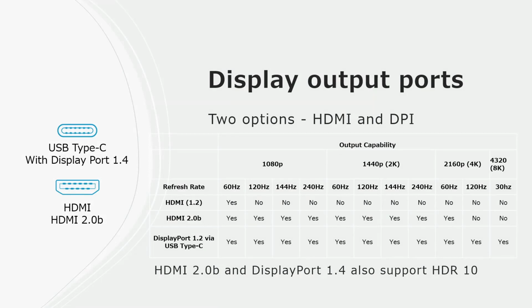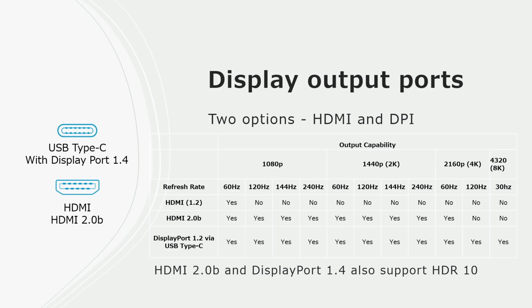As for display outputs, there are two major options, HDMI aka High Definition Multimedia Interface, and second is DP aka DisplayPort. Just like USB versions, these also have versions, and you can see from the table the most common ones used on laptops today.